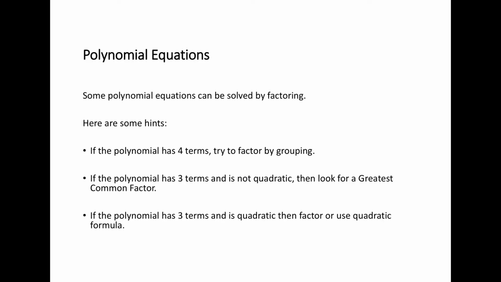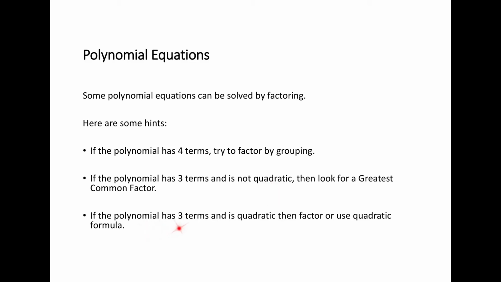We will have other types of polynomial equations that need to be solved, and in this section we will solve them by factoring. Some hints. If the polynomial has 4 terms, we will factor by grouping. If the polynomial has 3 terms and is not quadratic, then look for a greatest common factor.